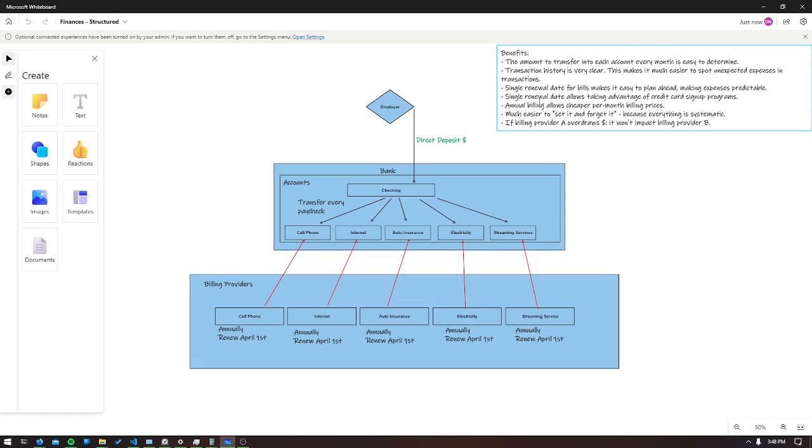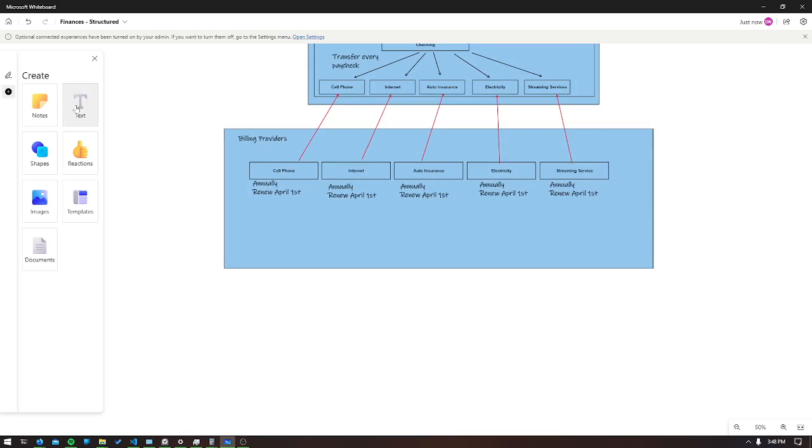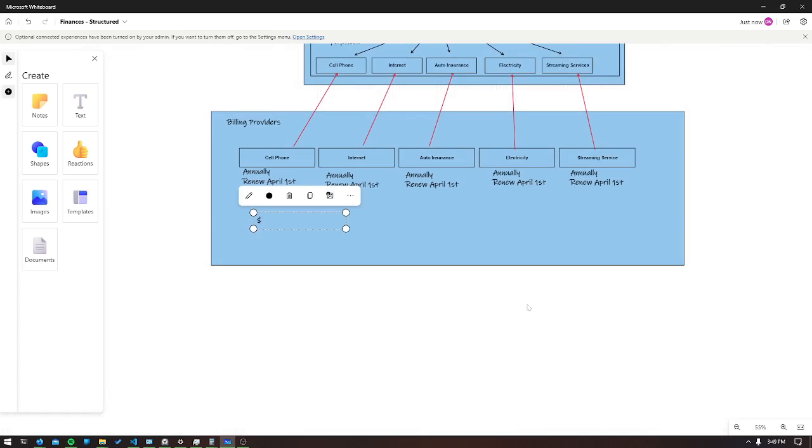And of course the other benefit here is that you can use this to take advantage of things like credit card sign-up programs. Because you've switched to yearly billing here, whenever April 1st comes around, you're going to have a relatively large expense in each of these categories. So for example, let's say for cell phone, maybe it's $200 a year.